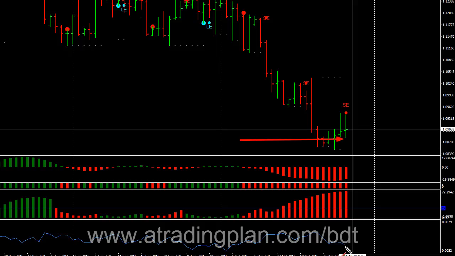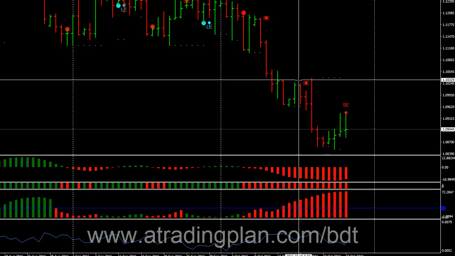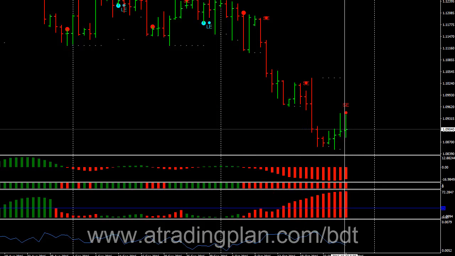Now, I've added something different that you don't see in Black Diamond. Black Diamond will look for stops to go above areas such as this, which is structure. This would be considered a resistance area. And this would be saying, if price gets up here and goes above, the trade is no longer valid.